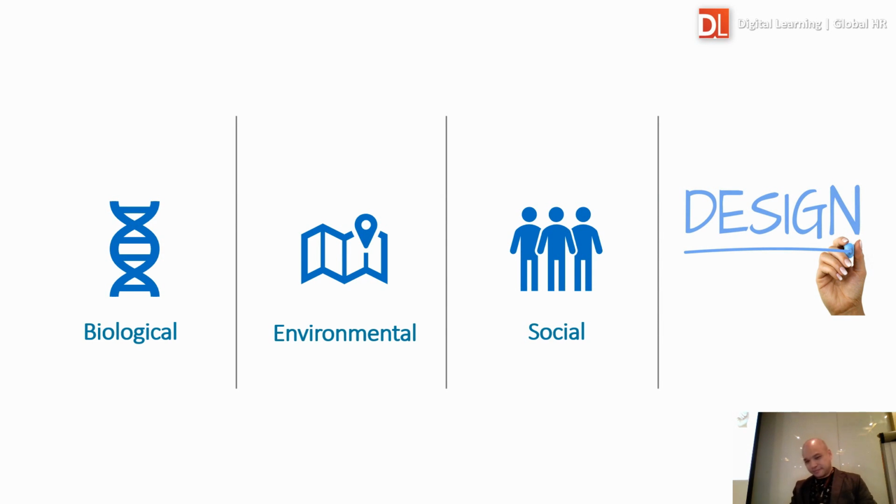If you would like to design your PowerPoint slide after you ask the 3 questions, then you need to go to the second part. That is, you need to consider 3 different environments. The first thing is the biological limitation. The biological limitation of whom? Of the presenter? No, of the audience.